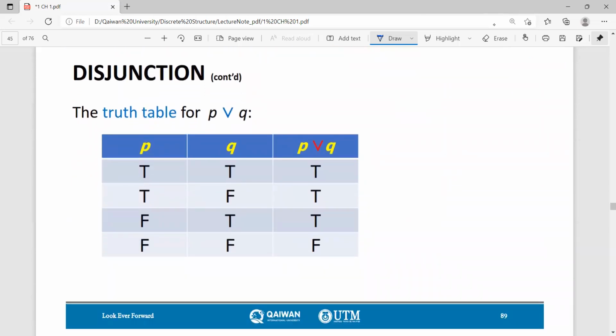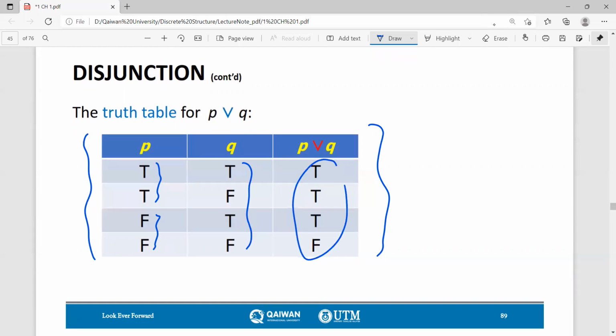This is the truth table for disjunction. Disjunction means or. So the truth table here, as I said before, the first half is true and the second half is false. And for the second column, we have true, false, true, false. Then we find the third column from the first two columns.